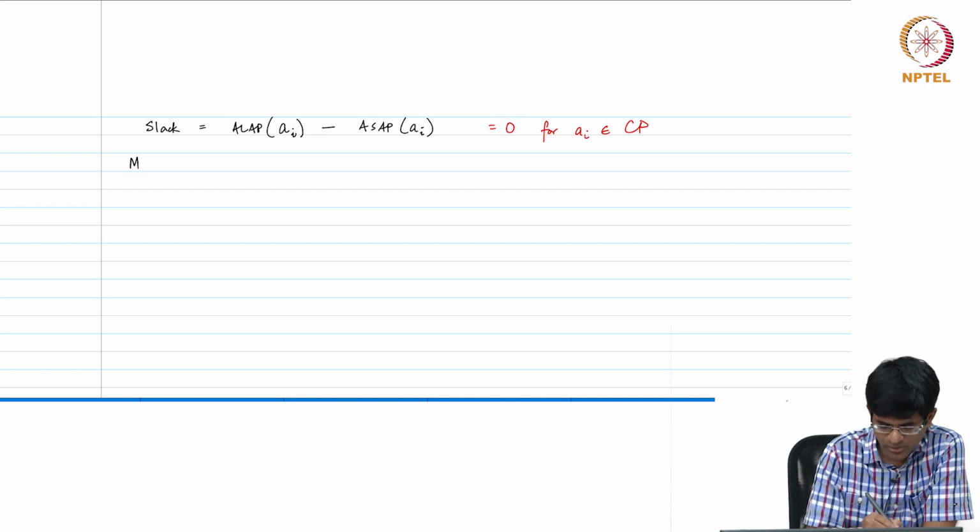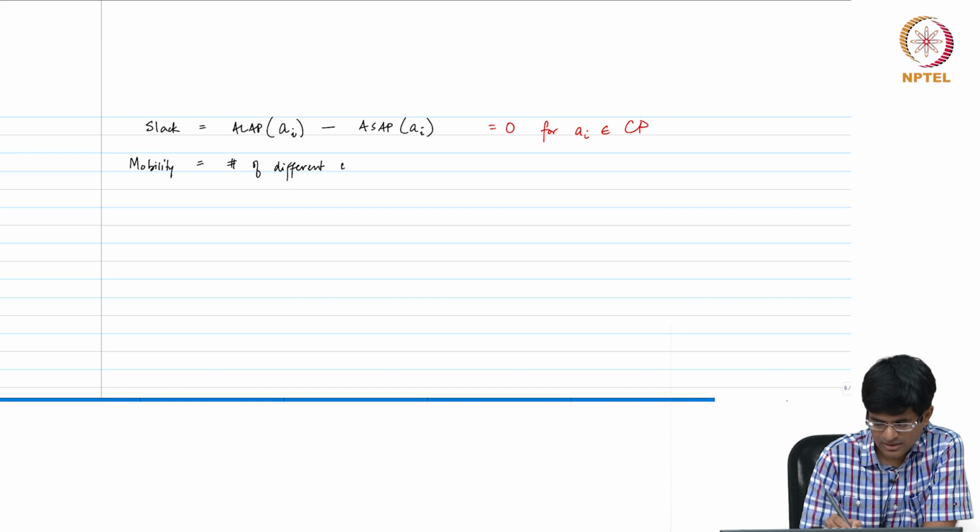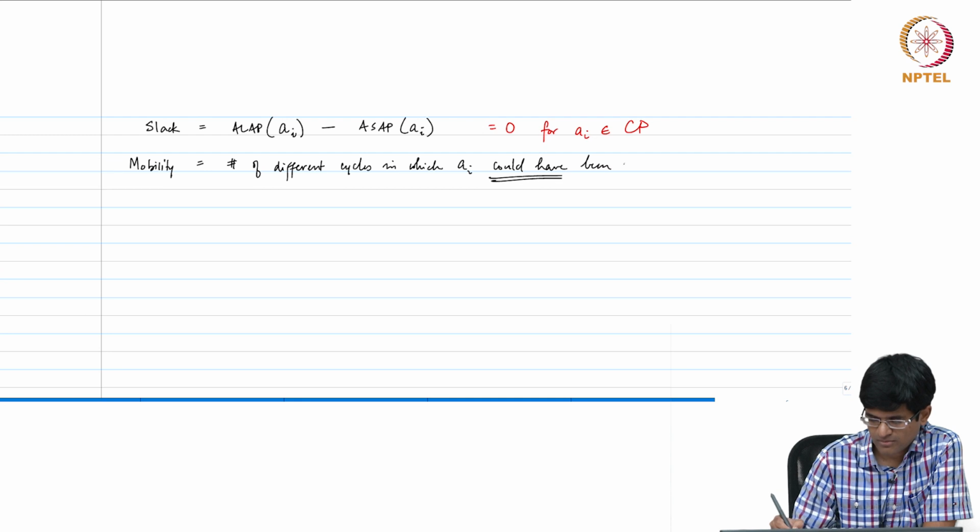And I'll also define the mobility as the number of different cycles in which AI could have been scheduled. Right?